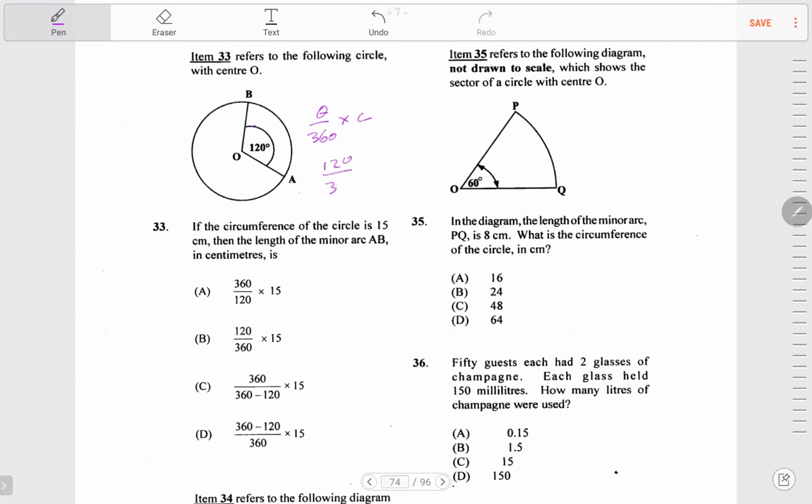The circumference is 15. So it's 120 over 360 times 15, which is this. That's a minor arc, the arc subtended by the 120 degrees. All right, minor. So that is it. All right, next question.